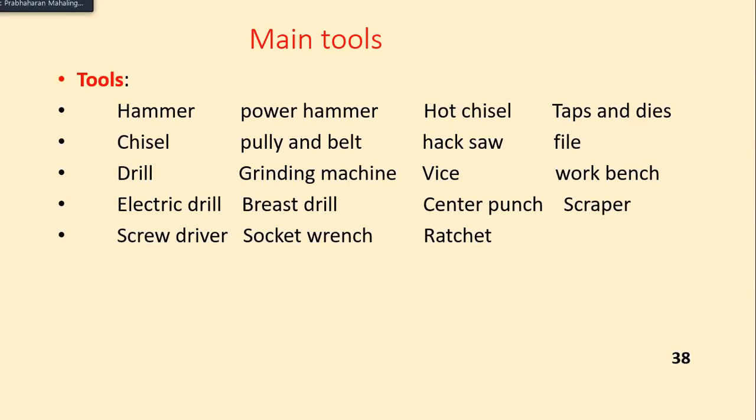Center punch is extremely essential for drilling because a drill is comparatively powerful, so it is too difficult to identify the point on which we are going to work. Therefore, center punch is available. We identify the particular point and then make a mark. That is the center punch, which can be utilized for marking. Then you can utilize the drill.